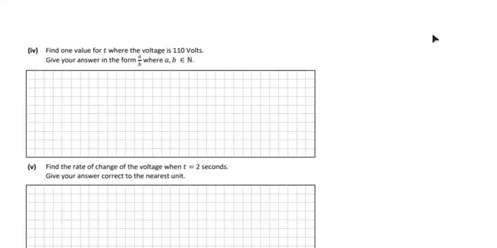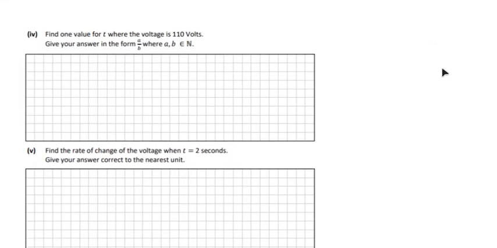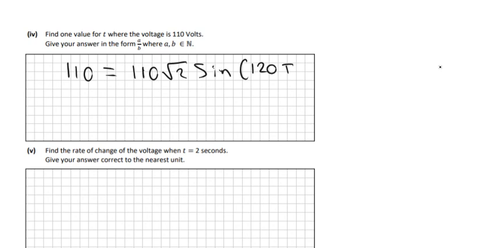Right, so next part. Find one value of t where the voltage is 110 volts. So we're going to let 110 be equal to this, and we're going to try and solve for t. You can bring over the root 2 and the 110.